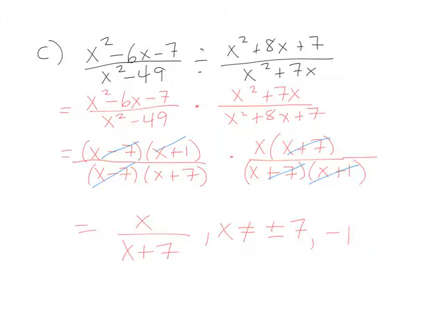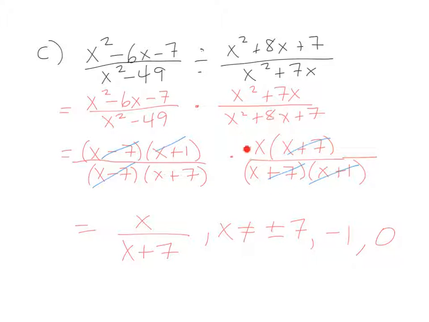49. Nope, 49 is okay because that's squared, right? 0. 0, yeah. Why, though, is it 0? Right. When we're dividing, we have to consider more than just these two denominators here and here.